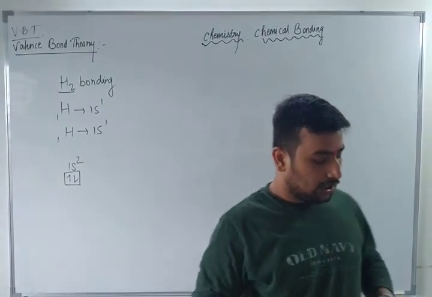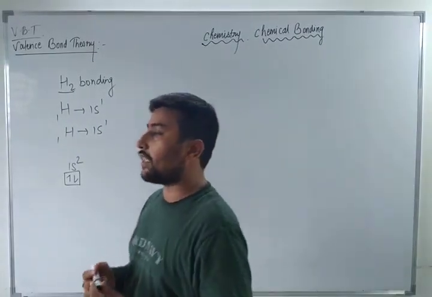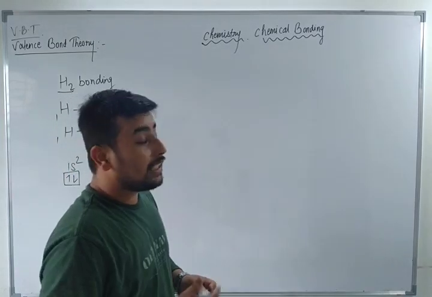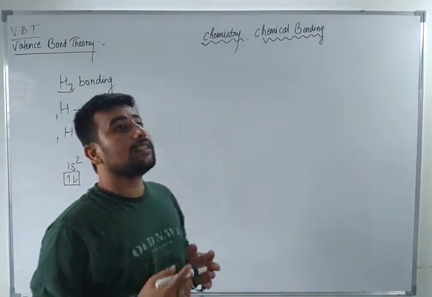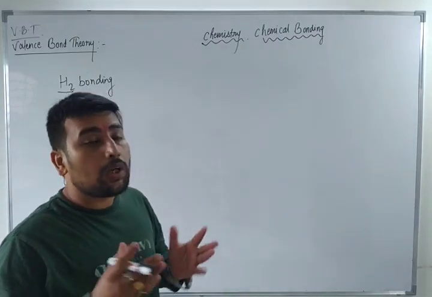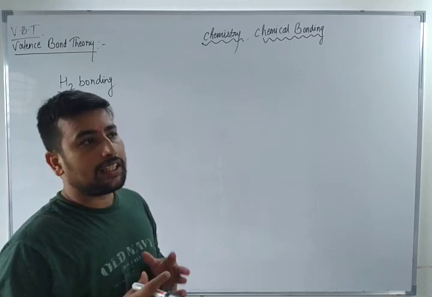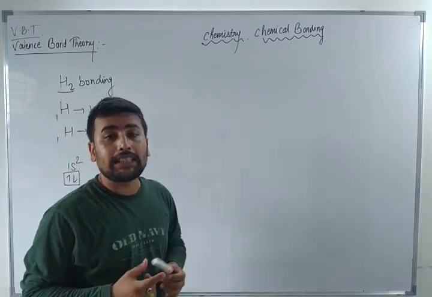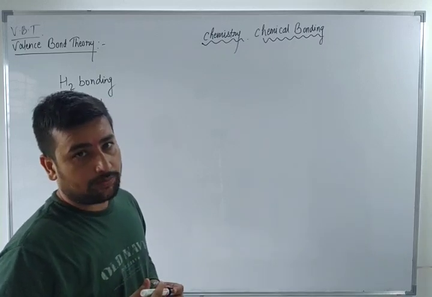Now the question was, why do atomic orbitals overlap? As you have seen in the Lewis dot structure, the electrons of both atoms lower their energy, then they share electrons mutually and complete their nearest inert gas configuration.